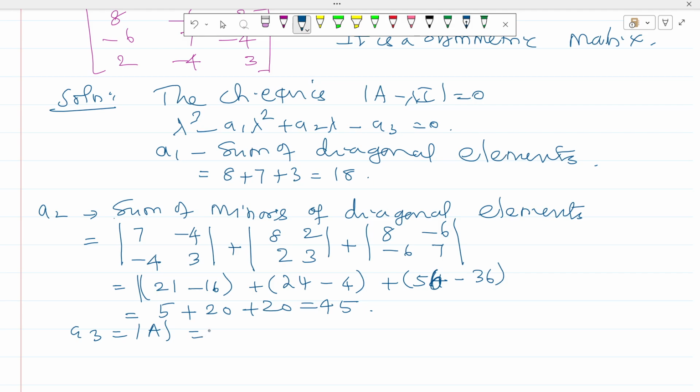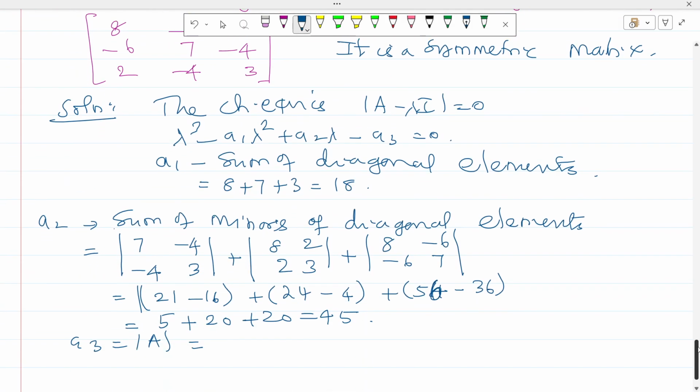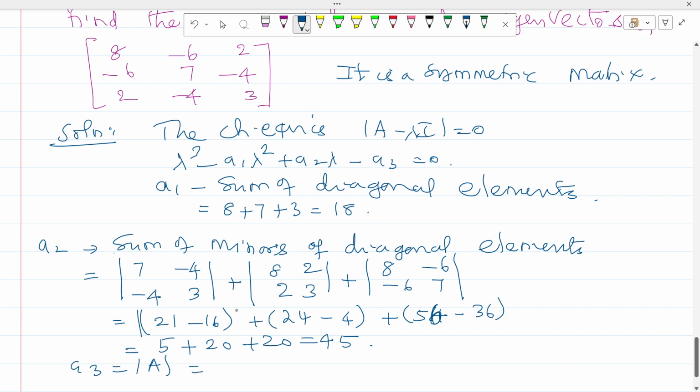The determinant of A is, here you can find: 8 into (21 minus 16), plus 6 into (minus 18 plus 8), plus 2 into (10 plus 24 minus... ) minus 10.